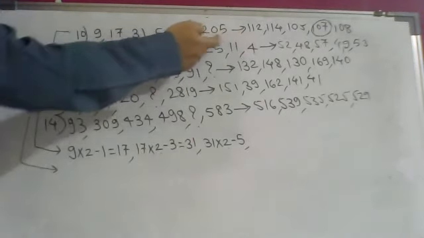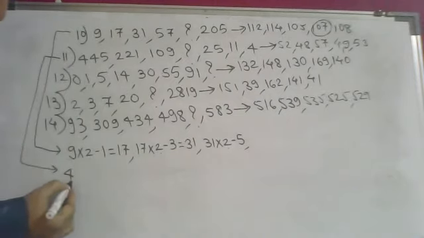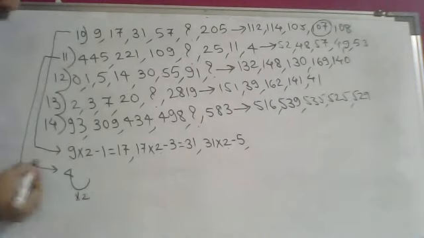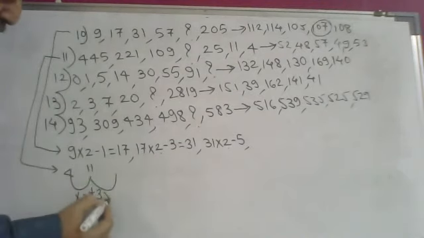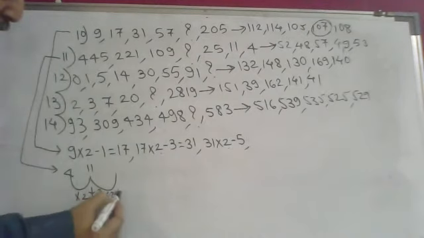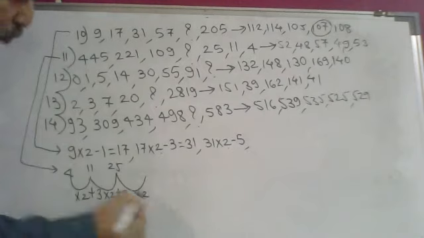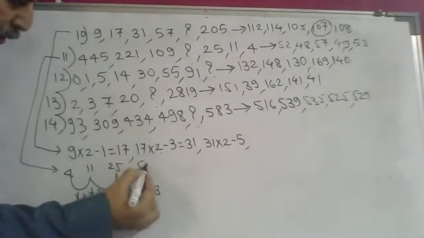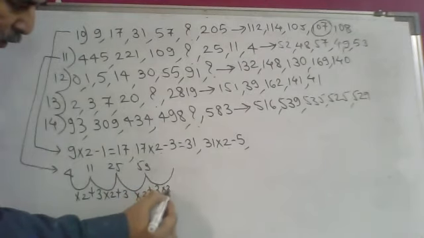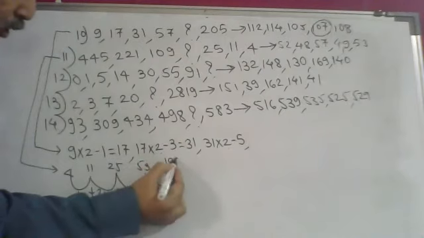We can think this will be a better way. 4 into 2 plus 3 is 11. 11 into 2 plus 3 is 25. 25 into 2 plus 3 is 53. 53 into 2 is 106 plus 3 is 109.